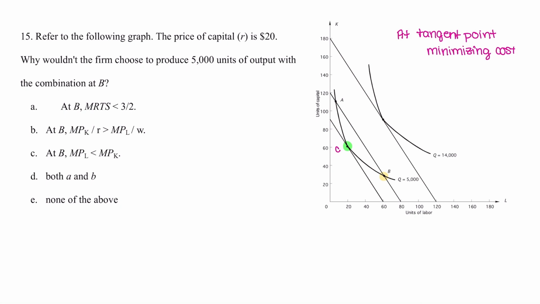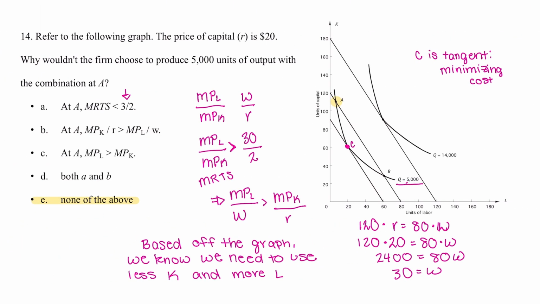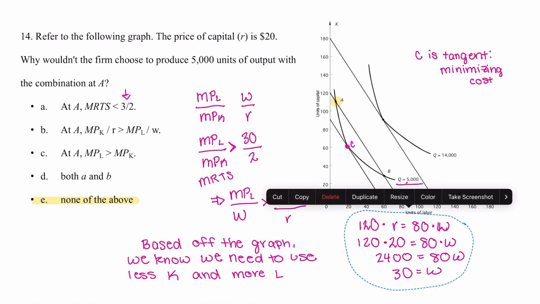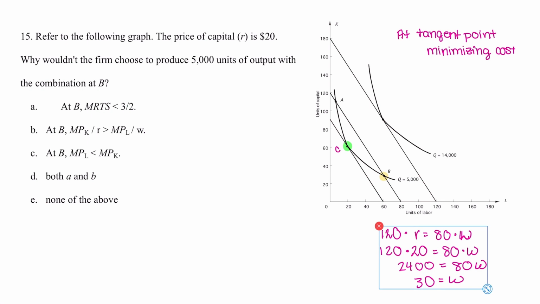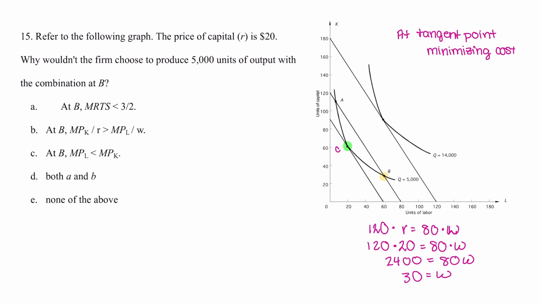We already know from this question down here that we've already solved for W. I'm just going to copy that and bring it over here instead of redoing all of that work. So at B, we know that the marginal rate of technical substitution is less than 3/2. And we know that this is also true. Why?